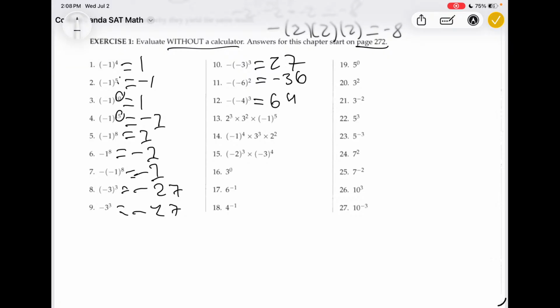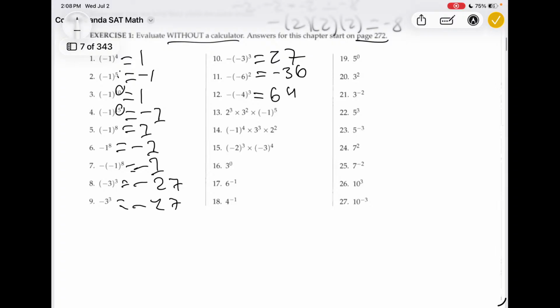Okay, wow. It's getting pretty spicy here. Two to the third times 3 to the second times this. I mean, look, we get Desmos on the SAT, but it's still important to understand the fundamentals. That's what I think they're getting at. So anyway, negative 1 to the 5th.